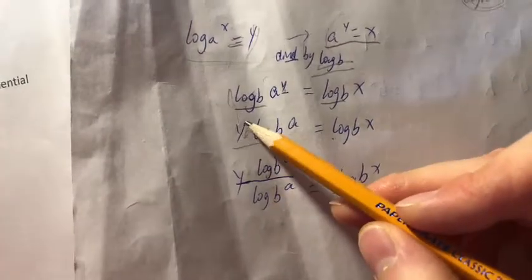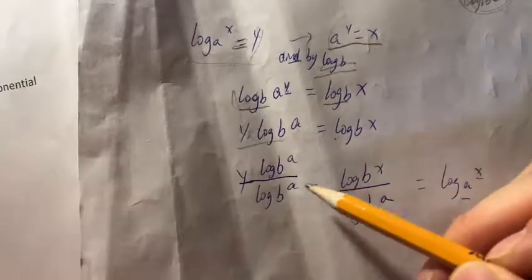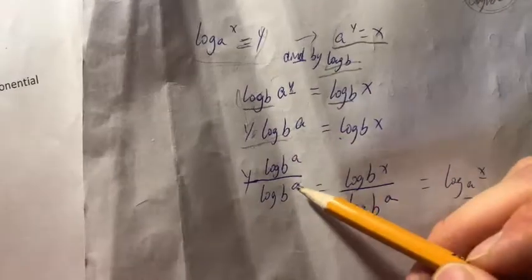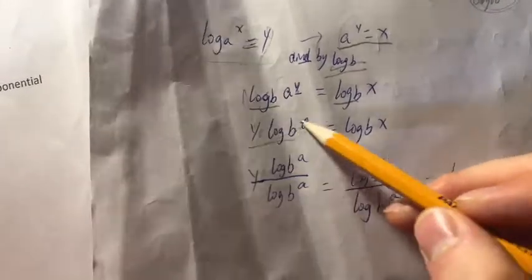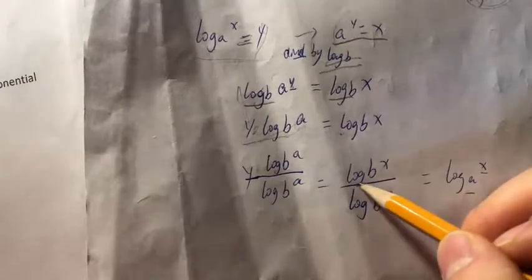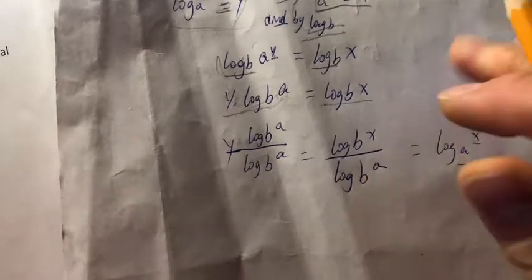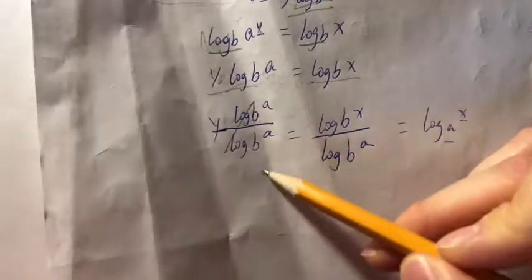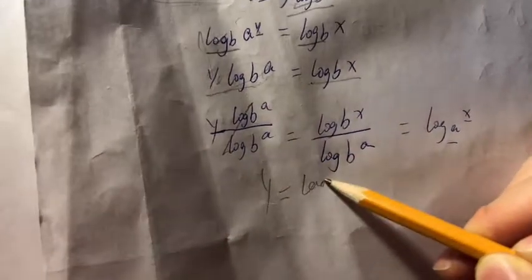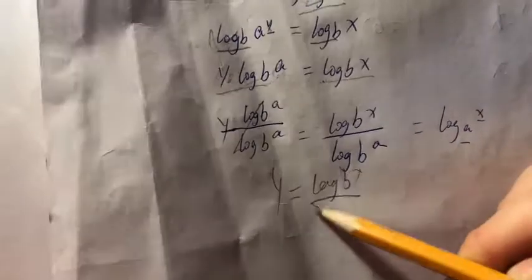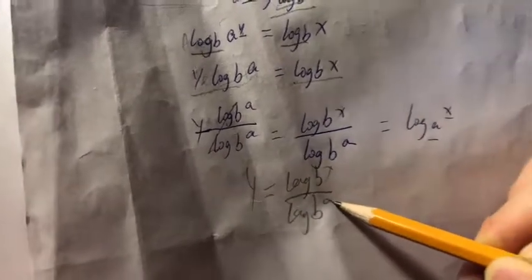And then we're trying to get y on a single side, so we can eliminate this by dividing by the value log_b a. Both sides you have to divide by the same value. Then this one we can cancel, and it's just y equal to log_b x divided by log_b a.